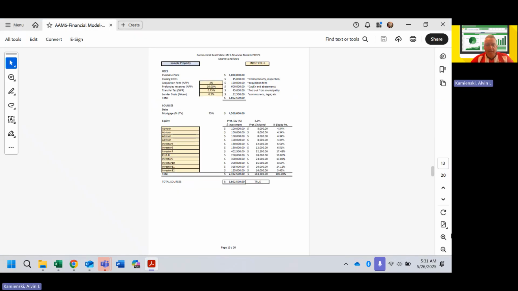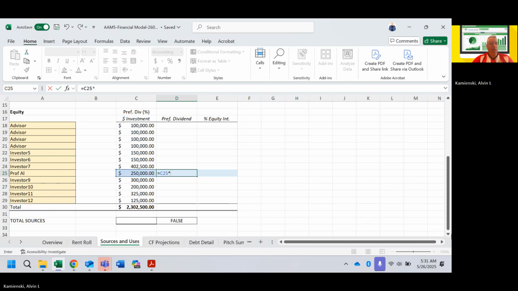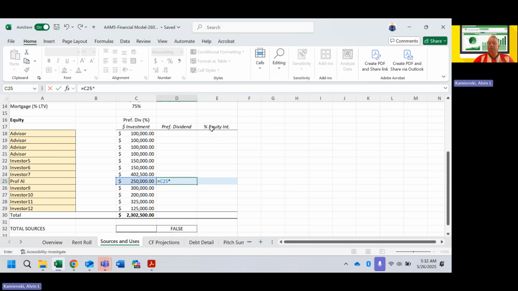But ultimately, you need to say, hey, Professor Al, we want you to put in $250,000. And Professor Al, if you put in $250,000, that equals that 250,000 multiplied by your preferred dividend amount that you're going to offer me.